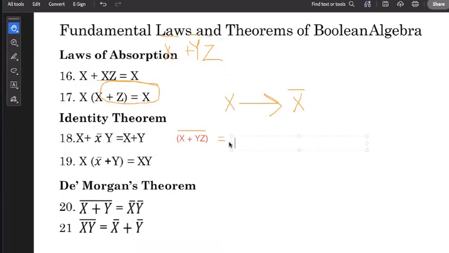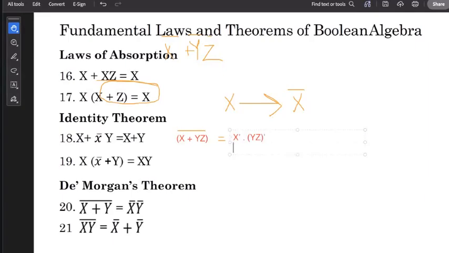Just by looking here, if X plus Y whole thing bar, we take a separate bar for this value and a bar for this value, and it is multiplied. Now, if we apply the same thing here, it is going to be X bar into YZ whole thing bar.